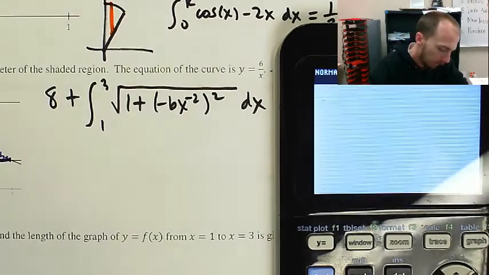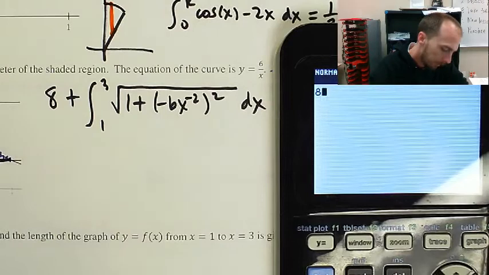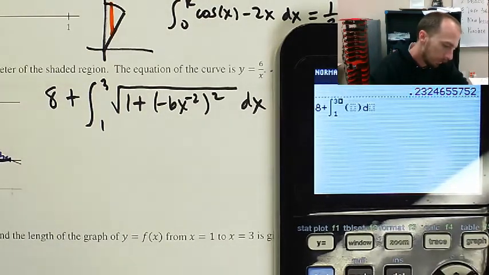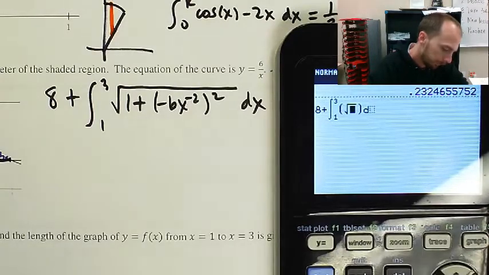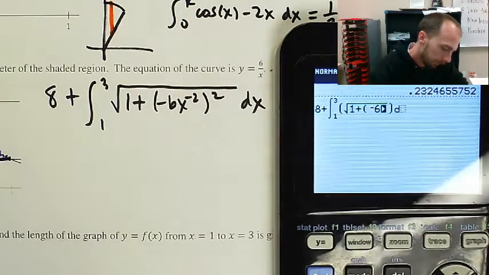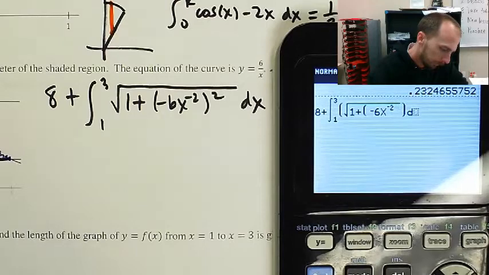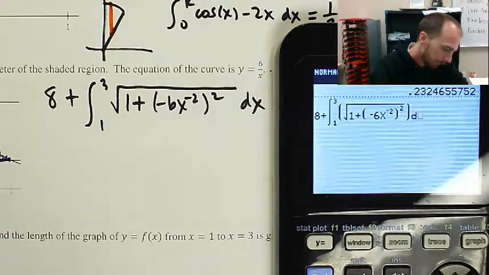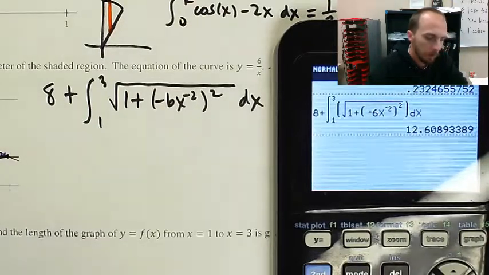So 8 plus the integral from 1 to 3 of that, and I got 12.609.